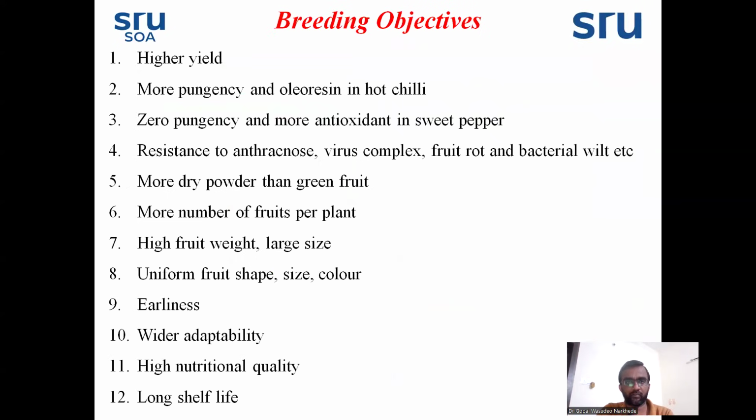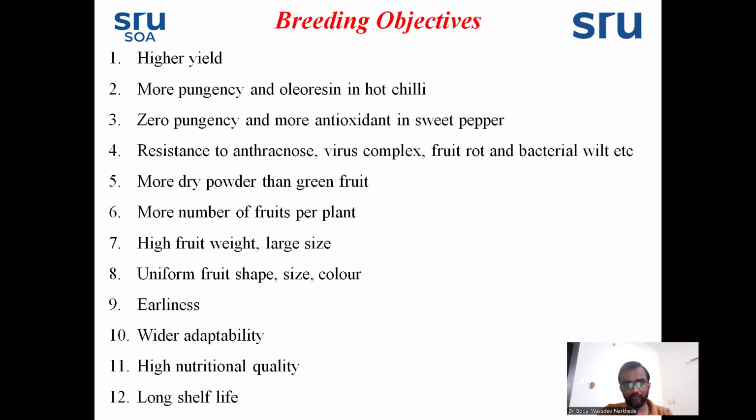Now we'll move towards some breeding aspects. What are the breeding objectives of the chili crop? The first and foremost breeding objective is higher yield, right? If you grow any crop, the main ultimate aim will be higher yield.